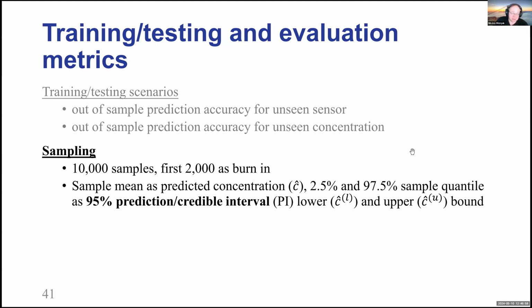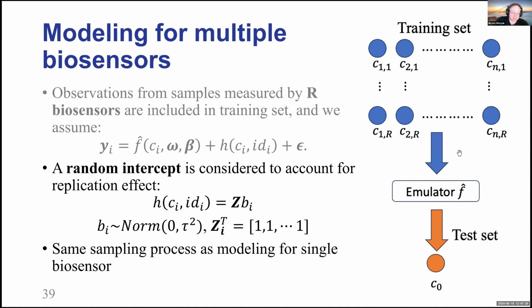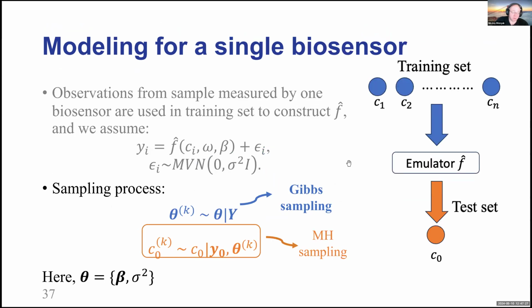And then based on the collected data, we estimate the concentration as the sample average, and we obtain the prediction interval for this low concentration. In Bayesian statistics, this is known as credible interval, using sample percentiles or sample quantiles.